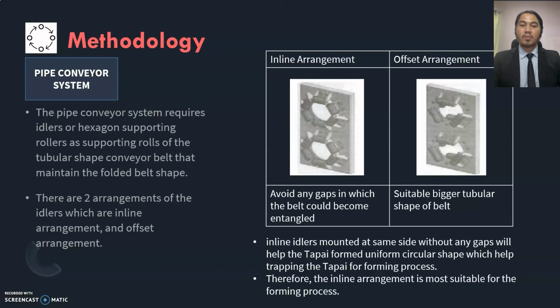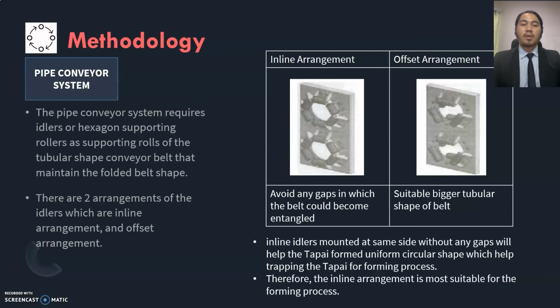There are two arrangements of the idlers, which are inline and offset arrangement. There are differences between inline arrangement and offset arrangement. Inline arrangement can avoid any gaps in which the belt could become entangled, and the offset arrangement is more suitable for the bigger tubular shape of belt.